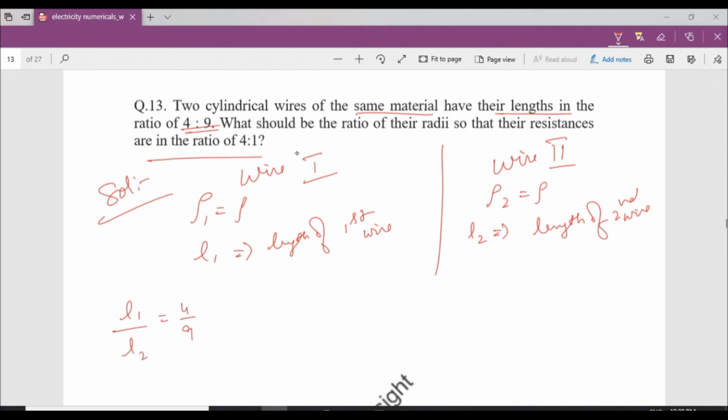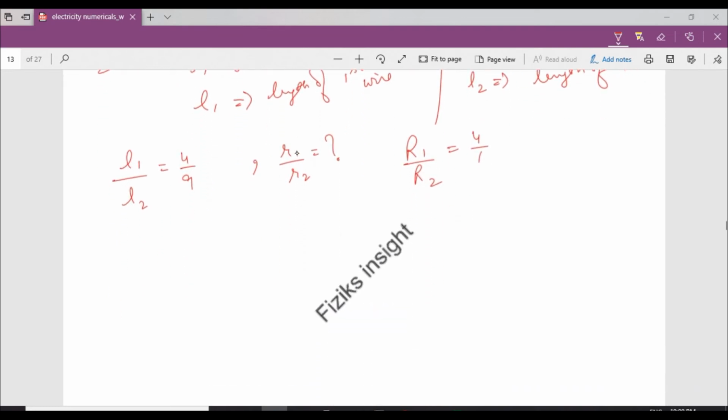So what should be the ratio of their radii? We need to evaluate r1 by r2 when their resistances are in ratio R1 by R2 comes out to be 4/1. So R1 is given as rho L1 upon A1, and R2 is rho L2 upon A2.